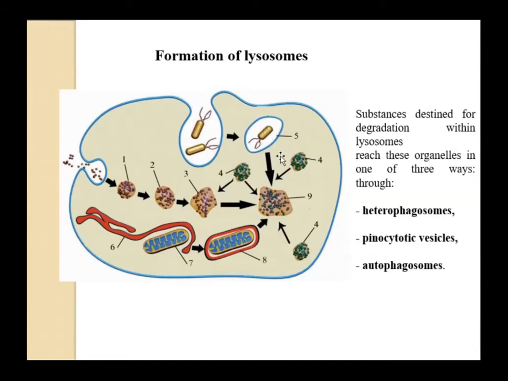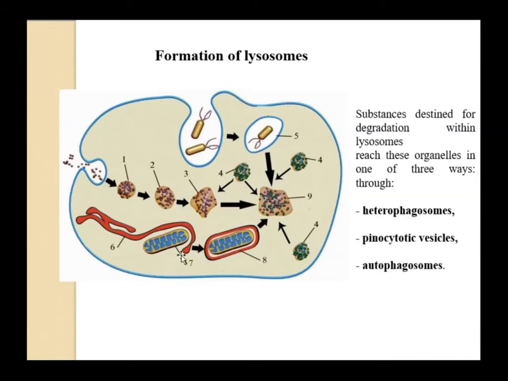Substances destined for degradation within lysosomes reach these organelles in one of three ways: through the late endosome, or through a heterophagosome, where the cell swallowed some bacteria, for example, or via autophagosomes. What are the autophagosomes?